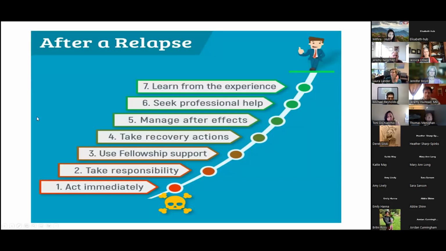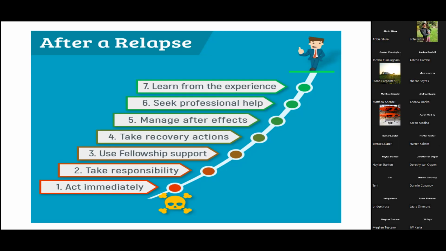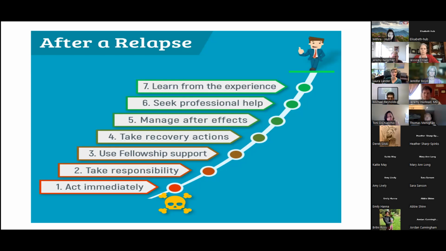And then, some steps that people can take after relapse. Certainly acting immediately, and that's often getting honest as quickly as possible and letting safe people, whether that's family members or supportive friends, know about the relapse, as well as treatment providers. That's why being honest is so important.